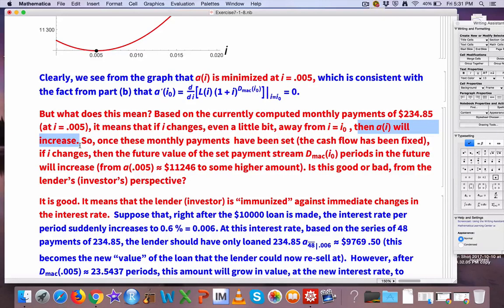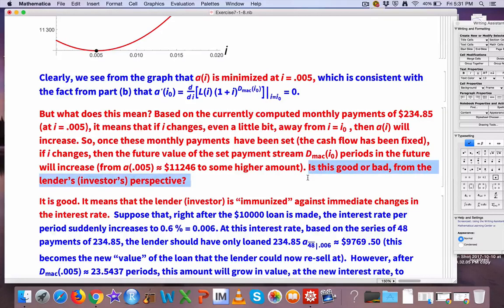You can see it in the graph. It's lowest at 0.005. It's higher otherwise. So once these monthly payments have been set, the cash flow has been fixed by them signing the papers, if I changes, the future value of the set payment stream, Macaulay duration periods in the future, will increase from 11,246 to some higher amount.